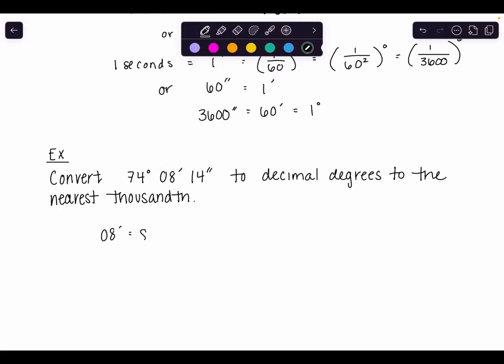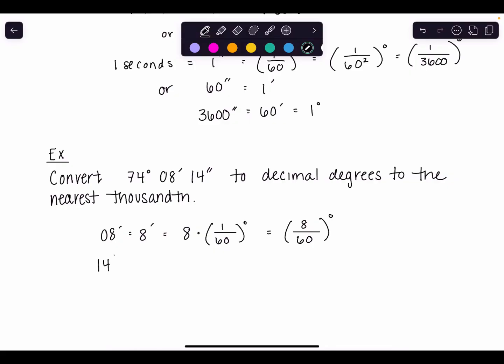So this is really just 8 minutes. Okay. That really, again, is representing 8 minutes out of an hour. So it is 8 times 1/60 of a degree, which really is just saying you have 8 out of 60 of a degree. Okay. So 8 minutes out of 60 for that 1 degree.